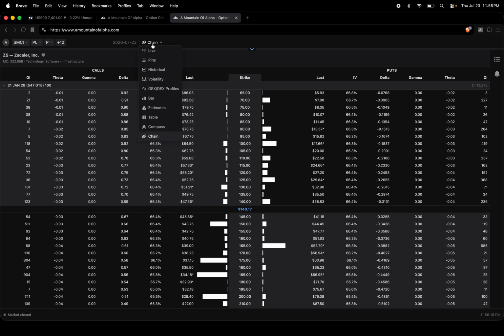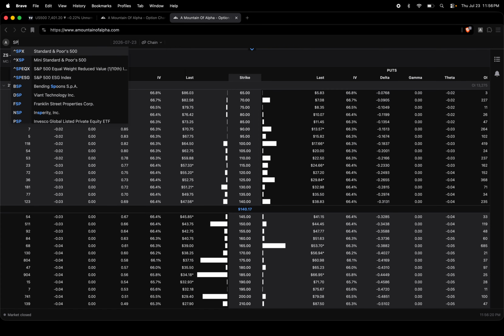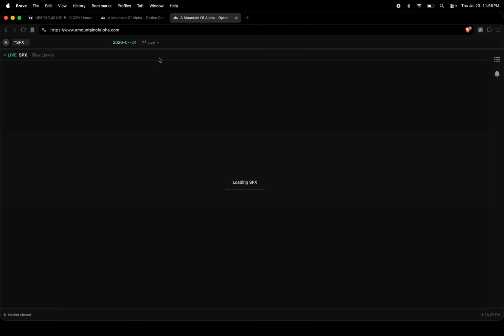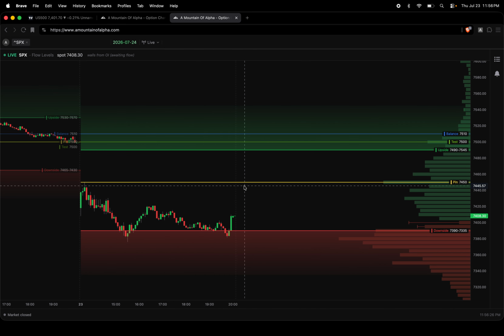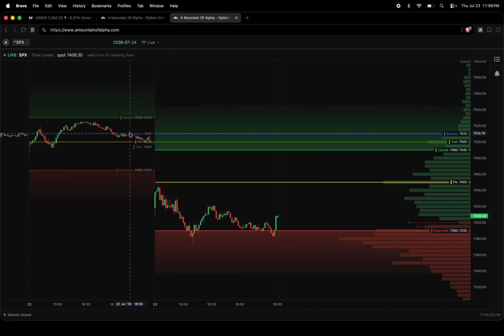Everything's much faster on the website. I've been working a lot on the live stuff about how we produce the pins correctly, and I've done a bunch of variations of this using Charm, using Gex, using all sorts of things, and it just doesn't seem to work very well.